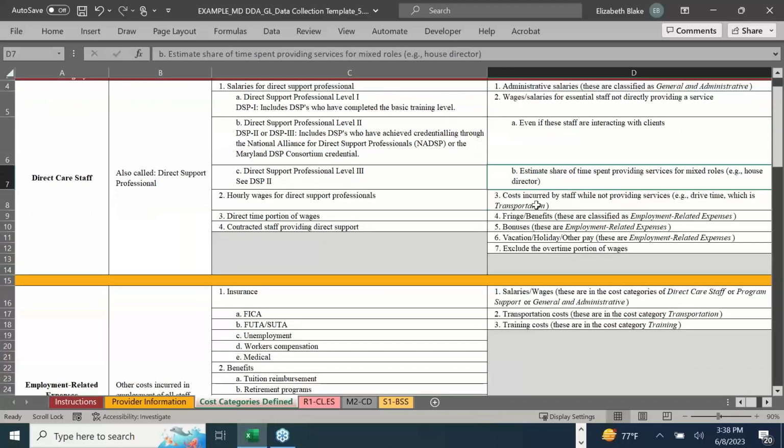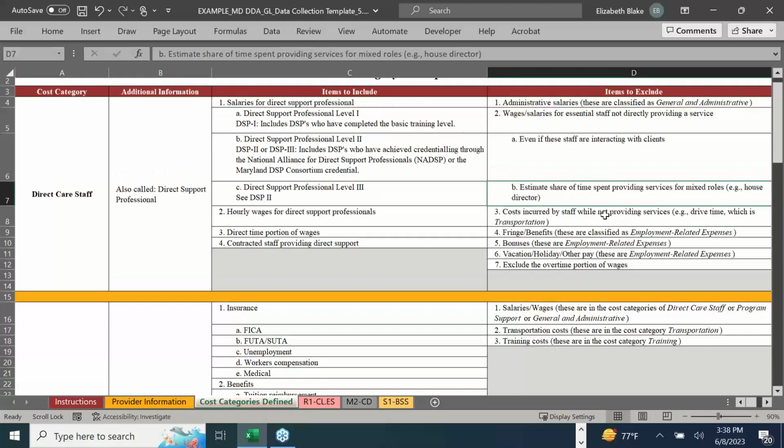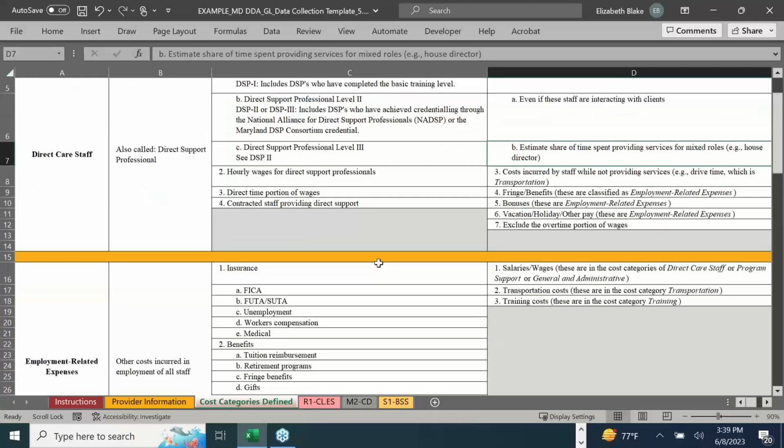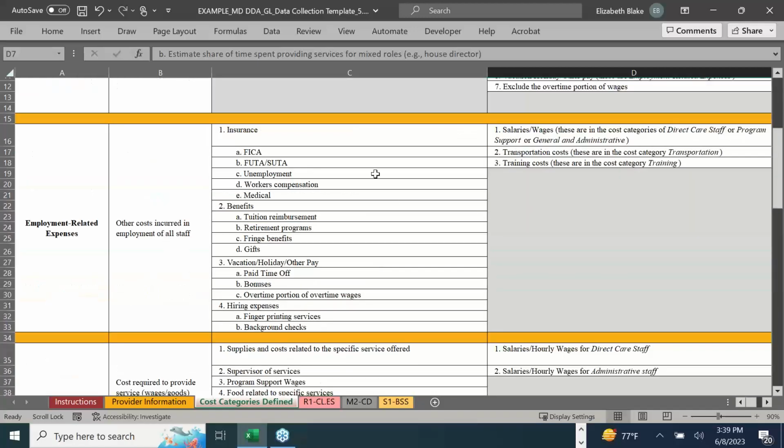We also exclude costs incurred by staff while not providing services, such as drive time, which would be considered under our transportation cost category. We're also going to exclude fringe benefits, which are classified as employment-related expenses. Bonuses, vacation, holiday, and other pay, and overtime are all excluded from this portion, and they're going to be in the employment-related expenses, which we have listed in the items to include.